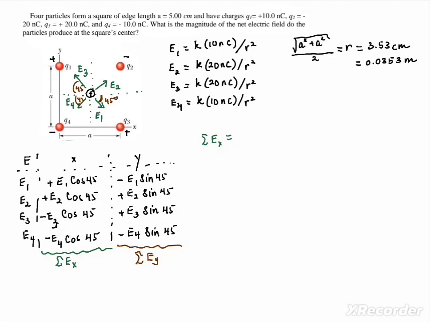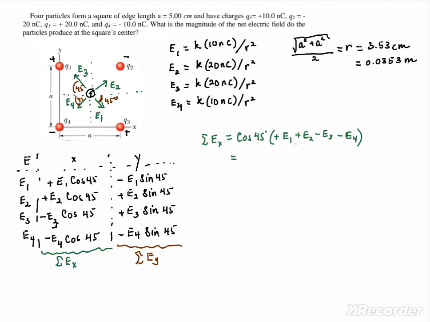And as you can see, cosine 45 is common in all 4. So I'm going to take cosine 45 out, and then I'm going to write positive E1, positive E2, negative E3, and negative E4. And that is the X component.